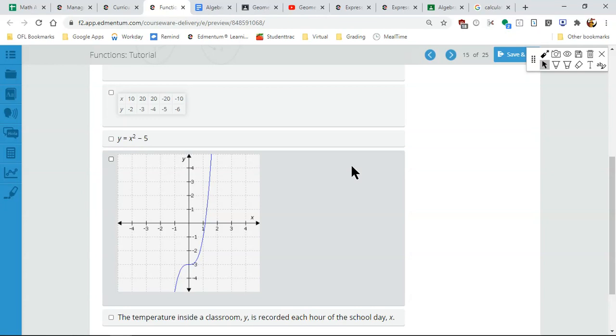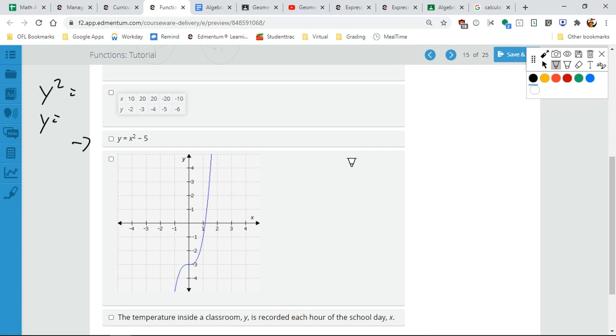This one, the way you can tell if this is a function or not is it's always y equals something. If you get something like y squared equals, all the changes should only be happening to x. So if there's changes happening to y, it's probably not a function.